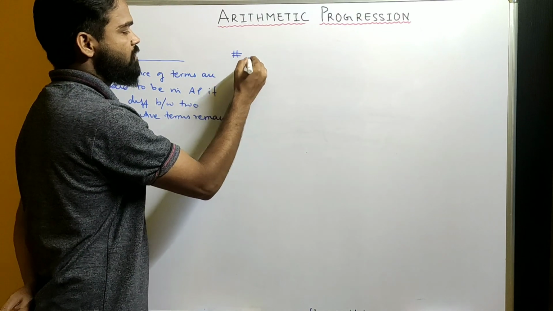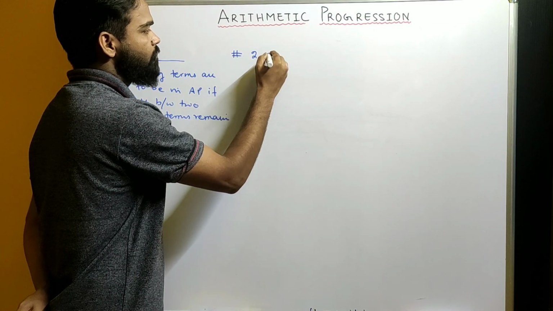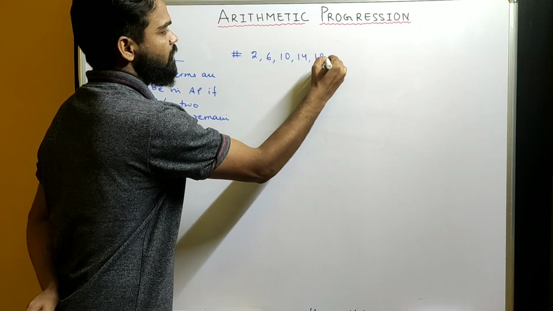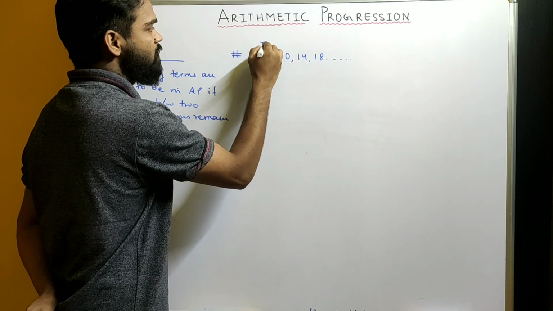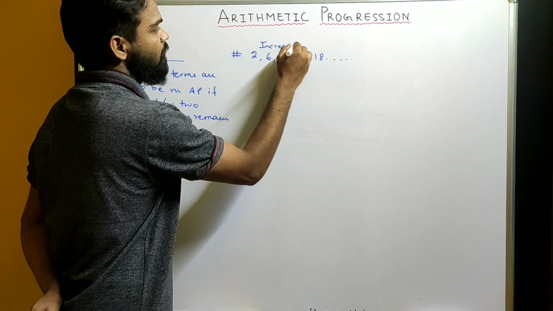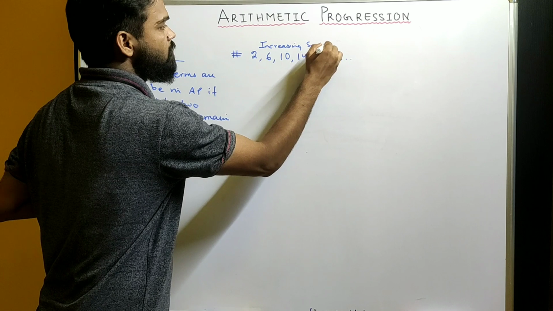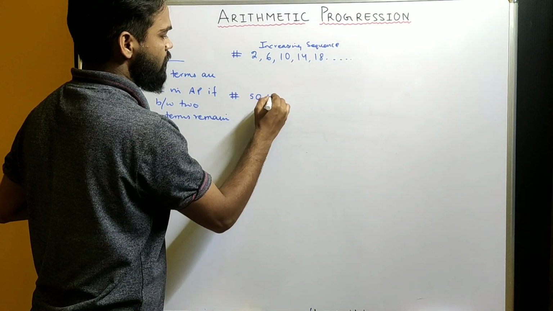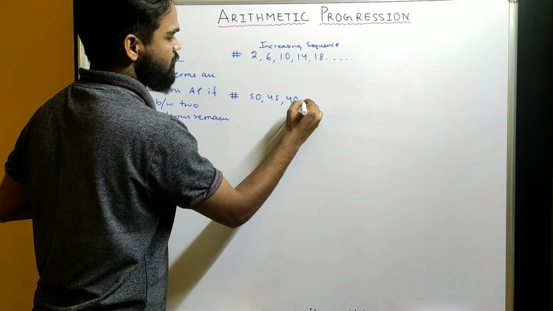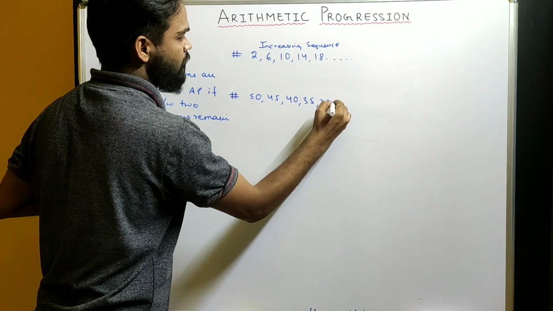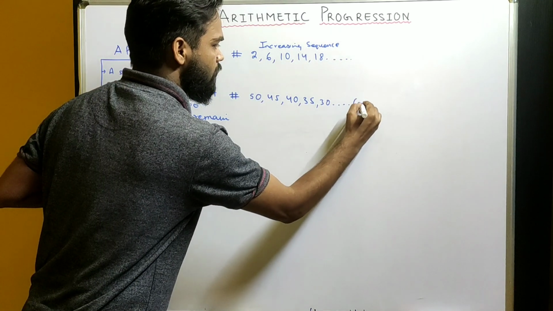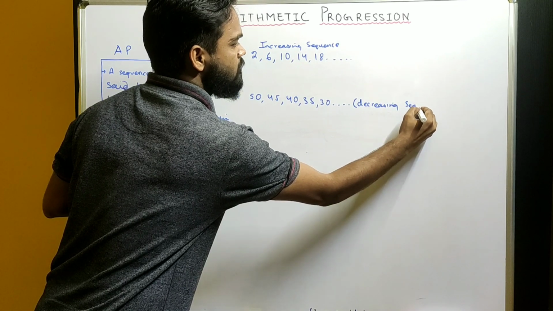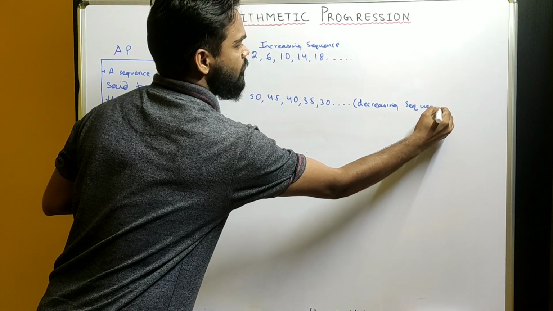Suppose I take a series 2, 6, 10, 14, 18, and so on. That's an increasing sequence if you see. And suppose I take something like 50, 45, 40, 35, 30, and so on. This is a decreasing sequence, isn't it?